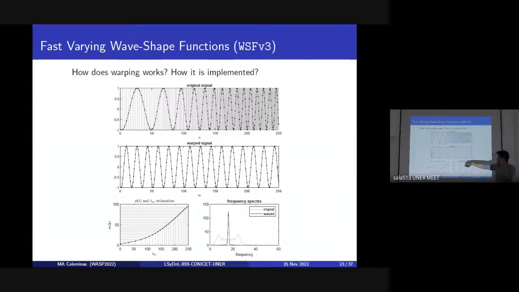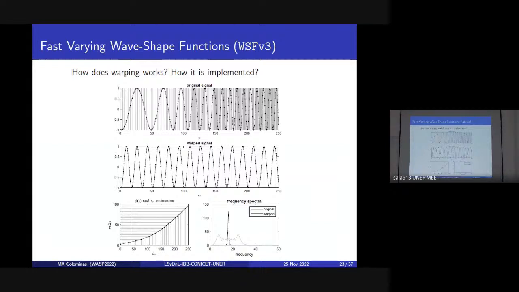More details are in the paper, we can discuss later. But if originally you have a linear chirp like this, and you compute your simple FFT, you will have this gray modulus that will tell you that the frequency is quite spread, isn't it? After your warping, you have this, and it is clear that it's much more concentrated in frequency.